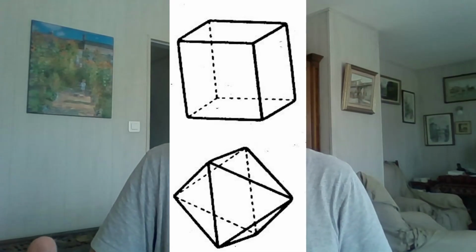They create a sort of cubes: the positive cube, which has eight positive particles, and then the negative cube. If you move the corner of one of the cubes into the center of the other cube, then you get a specific geometry, which is interesting because it's highly symmetric.